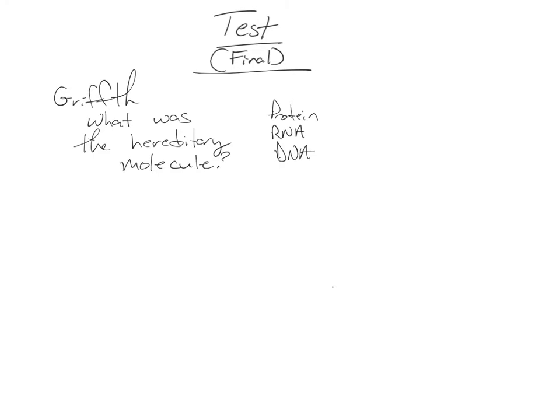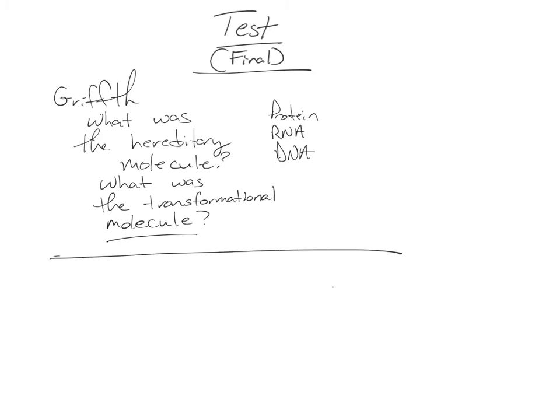Another way of saying that is what was the transformational molecule, right? What was the thing that changed the bacteria? And that led to understanding what was a hereditary molecule. That's it. And there were all kinds of steps to that. Everybody understand that so far? Yeah. We all understand what all the steps are.